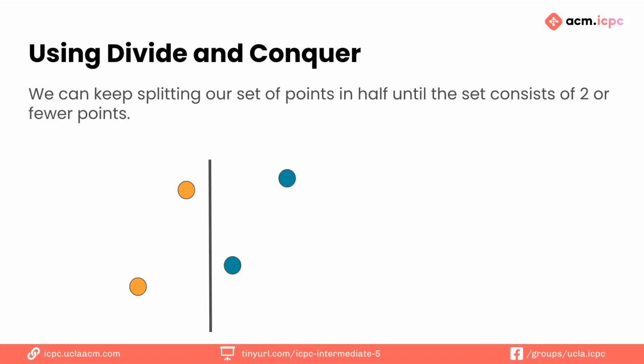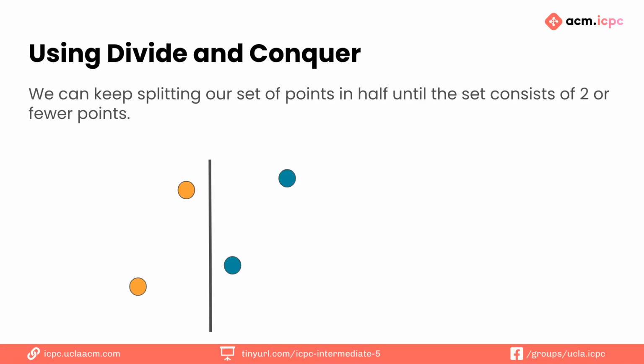And then now, does anyone know what the solution for the left set and the right set would be here? So we have 2 points on the left and 2 points on the right, and we solve for them separately. Does anyone know how to find the shortest distance here? Yeah, you only have 2 points, so there's only one distance you need to check.